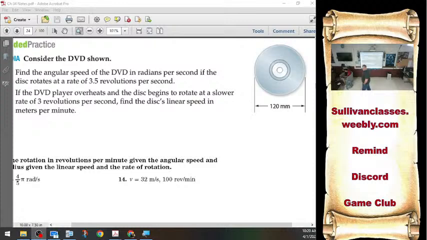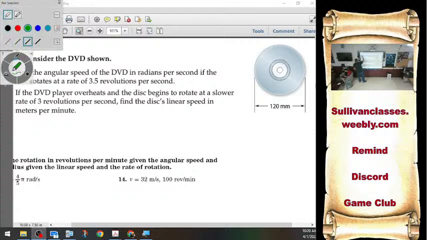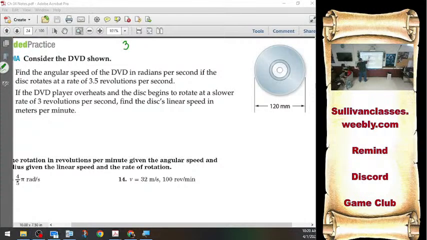I don't know. How do I go from revolutions to radians? Okay, 1 revolution is 2 pi radians.